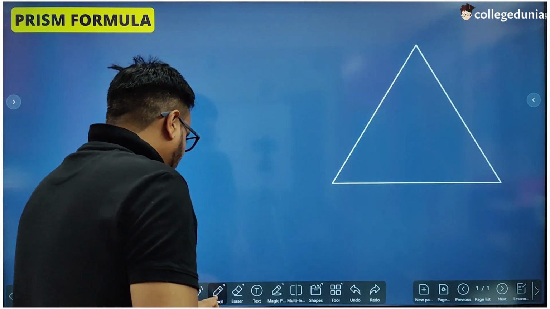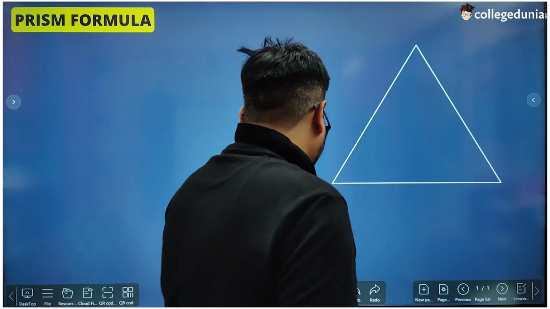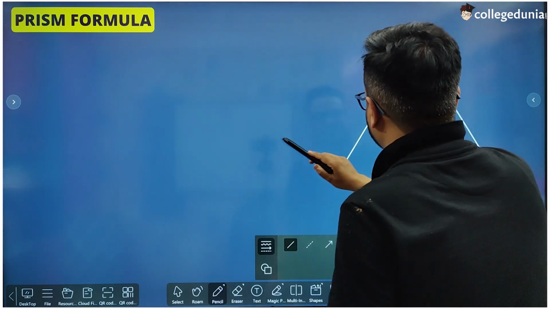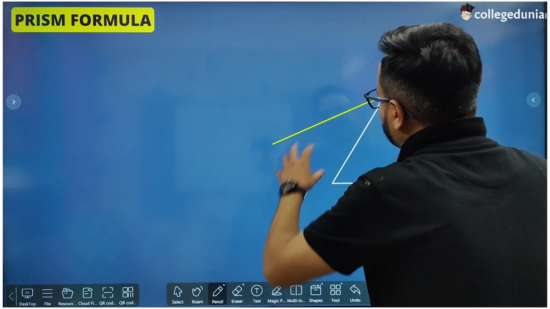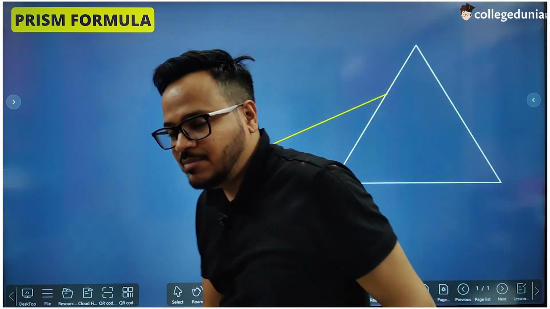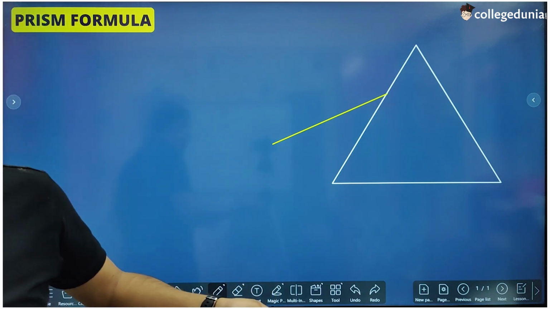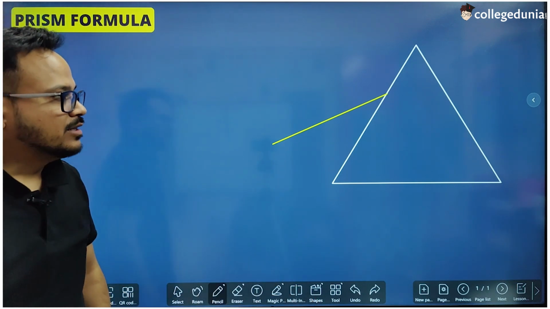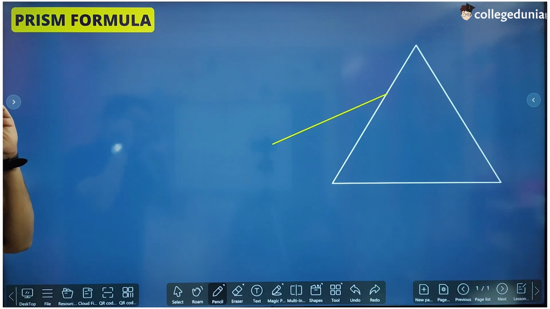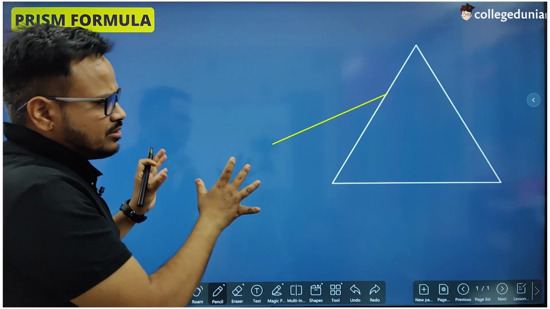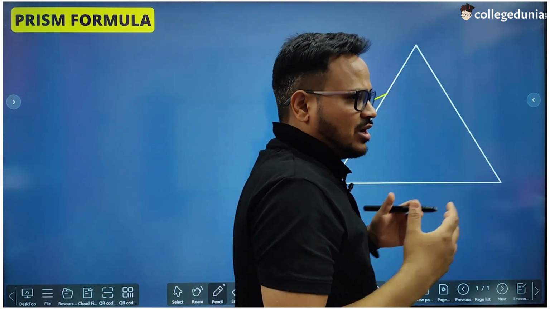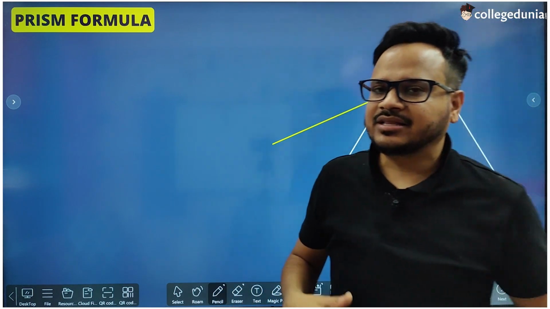This is a prism, and on this prism suppose a light ray comes like this, and let us say that the surrounding medium is air. So when the ray goes from rarer to denser medium, we all know that the ray bends towards the normal, and this prism is made up of glass, and glass is optically denser than the air.